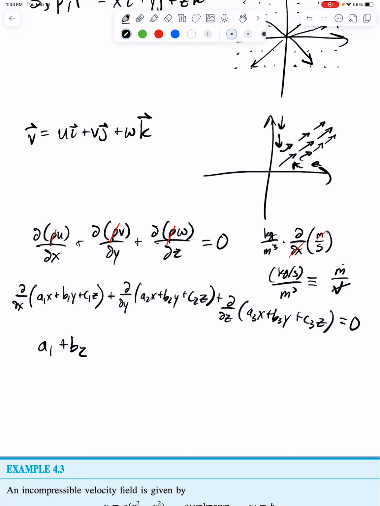And last term, differential with respect to z, x and y are basically deleted. We're left with c3. So the sum of these three terms in our vector equation should equal 0. As long as these three terms equal 0, you basically have a vector field that is following the conservation of mass laws in an incompressible flow field.